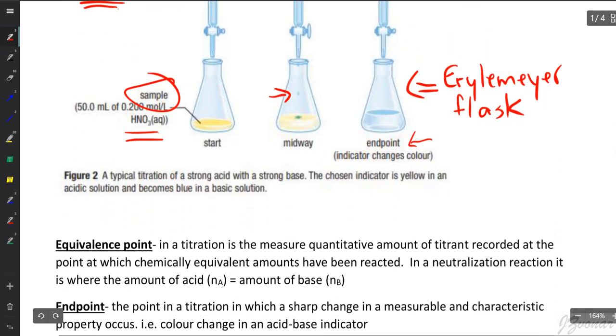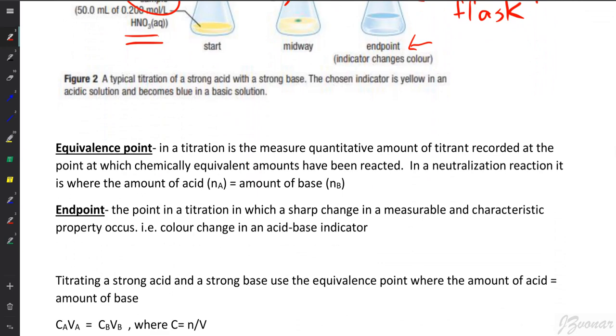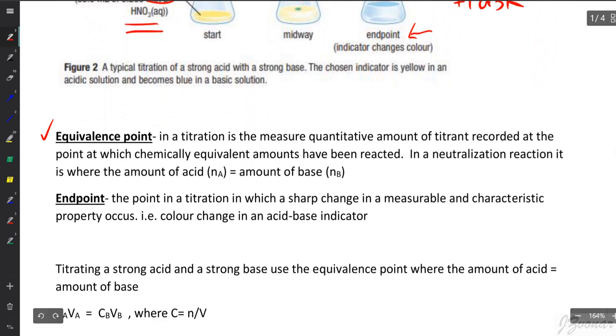We've got 2 important definitions that we need to make sure we know the difference between, and that is the equivalence point and the end point. Our equivalence point in a titration measures quantitatively, which is numerically, the amount of moles needed of the titrant, which is the known concentration, where it chemically is equivalent to the unknown sample.